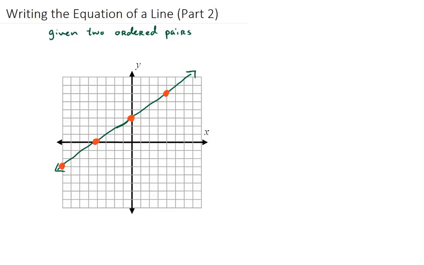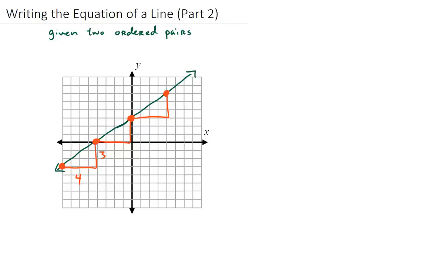And so we just need to figure out how many x's it would take and how many y's it would take to stair step from one of these to the other. And you notice they're all the same, and that's what causes it to be a line, because it's consistent. And so if you look at that, to get from one point to the other using that stair step, it's going to take 4 x's and 3 y's.